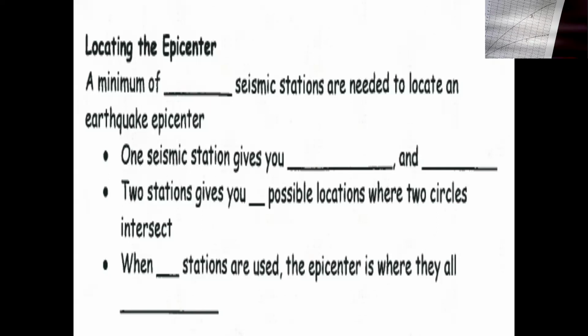What happens if we only have 1? What do we get? Okay, you do get a general area. You get a circle. So that's all you need to fill in there, a circle. So you get this circle around your city, and it actually will give you a lot of possible locations. And I know this line is way too short.